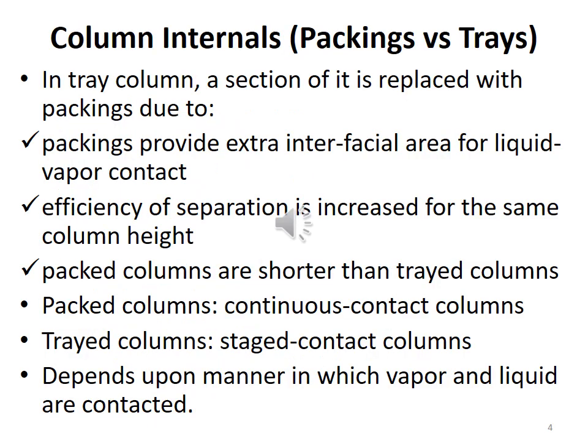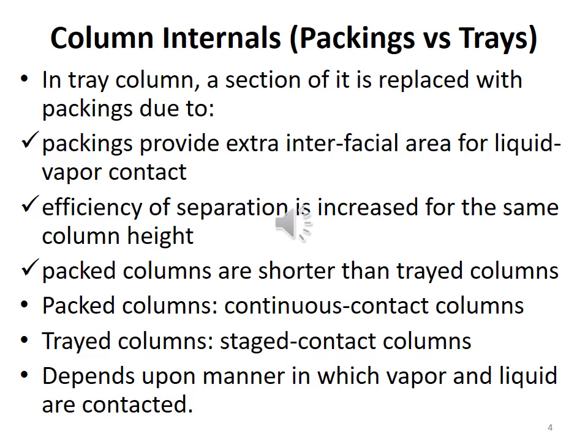Consider a tray column which is facing some throughput problems, so some modifications are required in this tray column. A small section of the trays will be replaced with the packing material, because the packing provides extra interfacial area for vapor and liquid interaction.